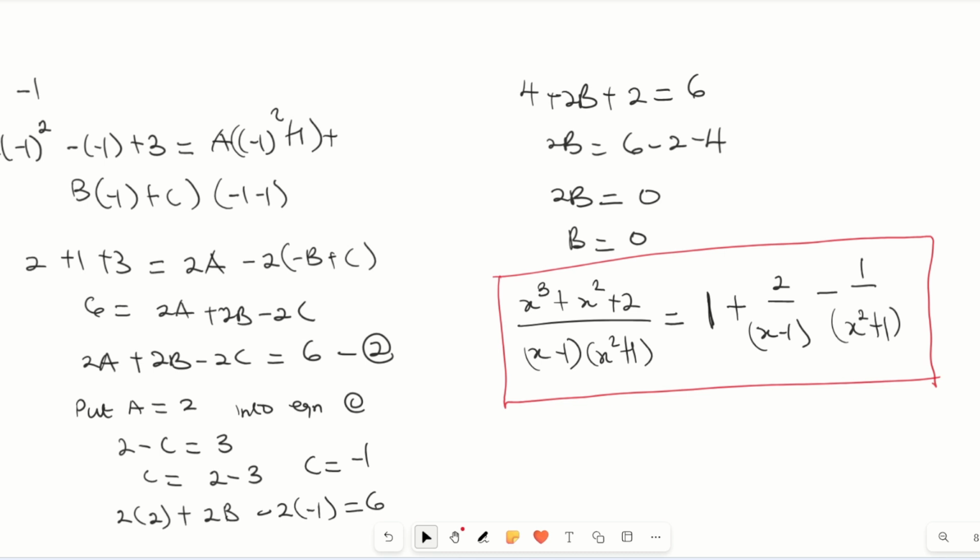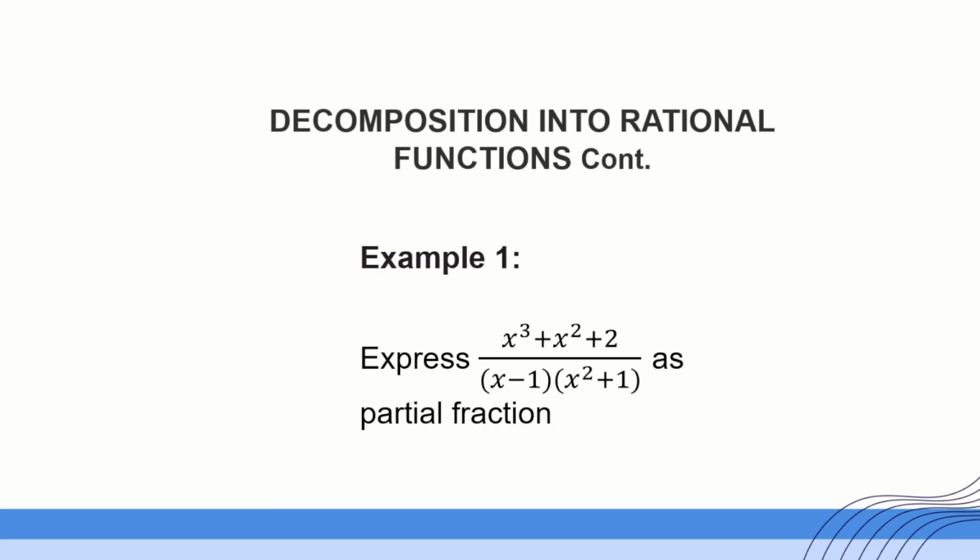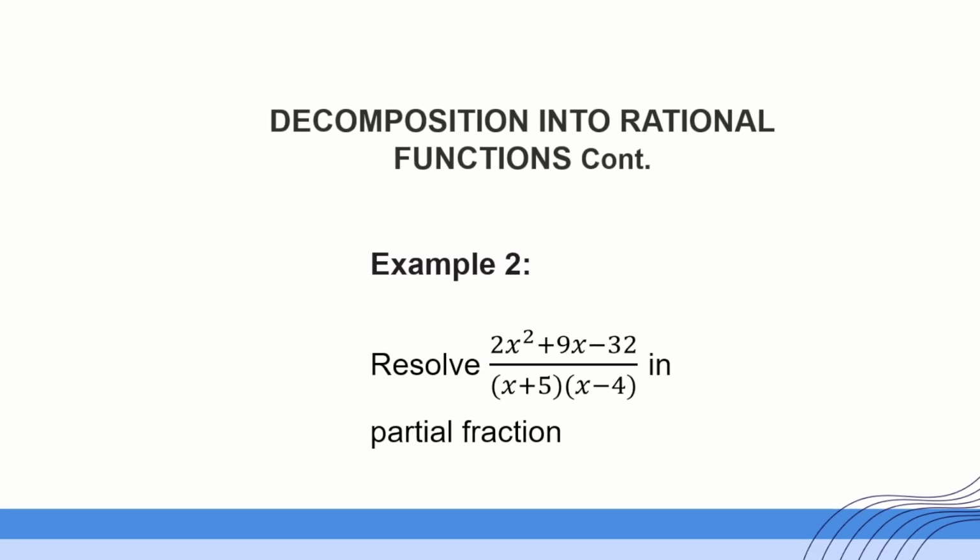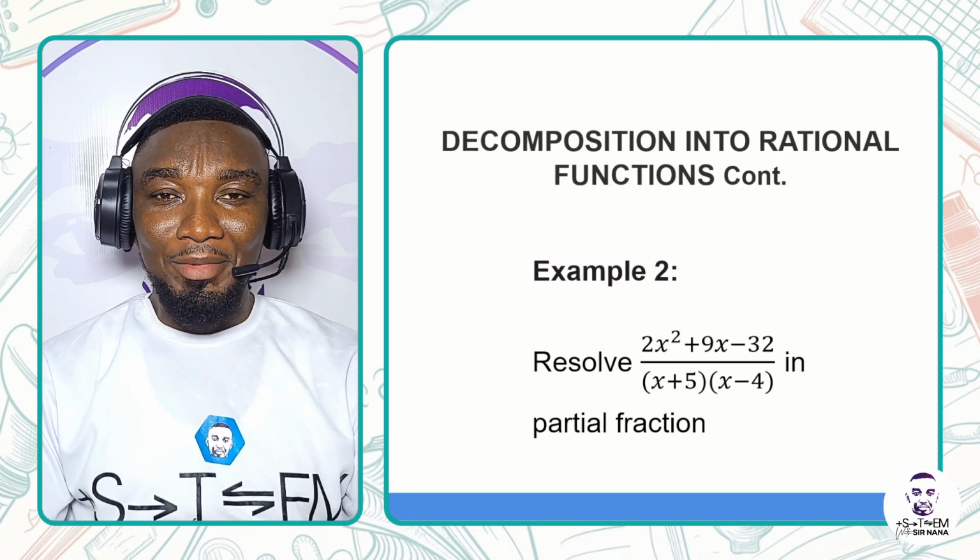So even when you have an improper rational expression, you can go through the process of long division to break it down into a proper form so that we can use partial fractions to decompose it. So I'll give you this to try and resolve: 2x squared plus 9x minus 32 all over x plus 5 and x minus 4 in partial fraction form. Make sure you leave your answer in the comment section.